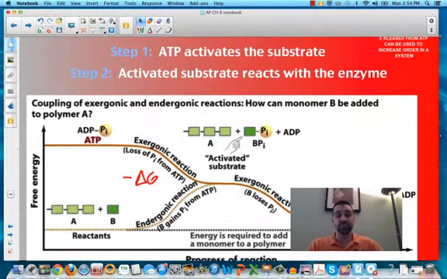This just shows you how we couple these and still end up with energy being released. Okay? Here, we need reactants A plus B. We realize that it's going to be an input of energy, so it requires a positive delta G. But we're going to use the release of free energy from our exergonic breakdown of ATP to drive this endergonic process.